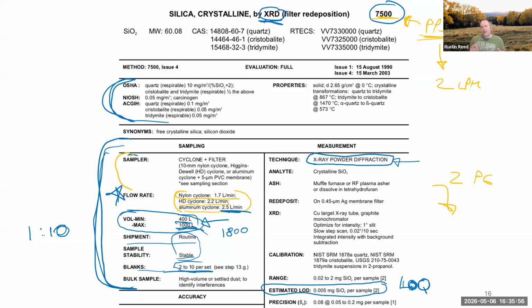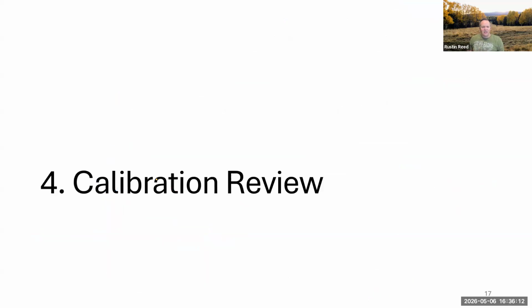In 2 weeks, we're going to go over that, so I'm not going to go over it right now. I want to talk more about the method and getting ready to actually sample. So that's about it for the method.